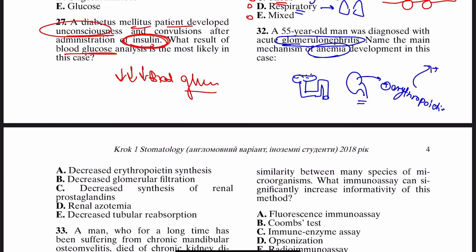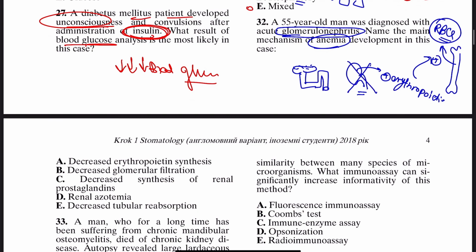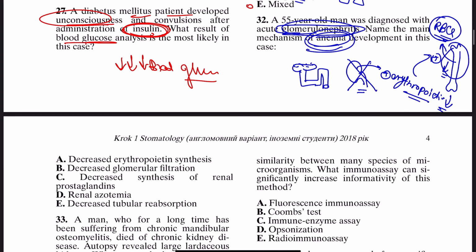Erythropoietin stimulates the bone marrow, where we have red blood cell production. So if something is wrong with the kidney, for example inflammation or kidney failure, erythropoietin will decrease and nobody will stimulate the bone marrow to produce red blood cells. So I will have anemia, and this is because of decreased erythropoietin synthesis.